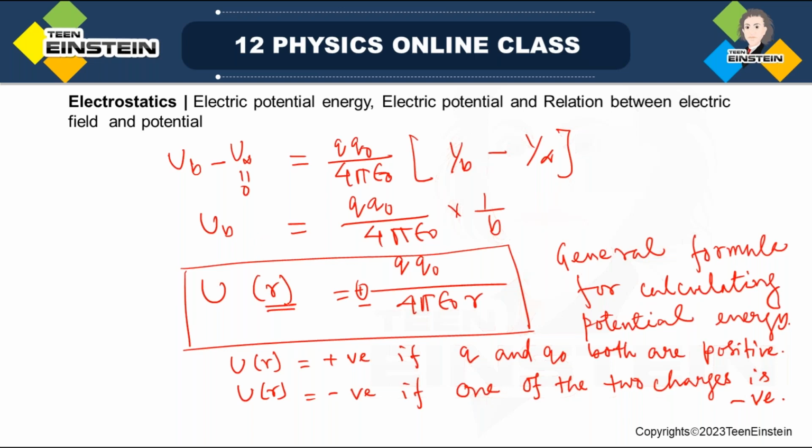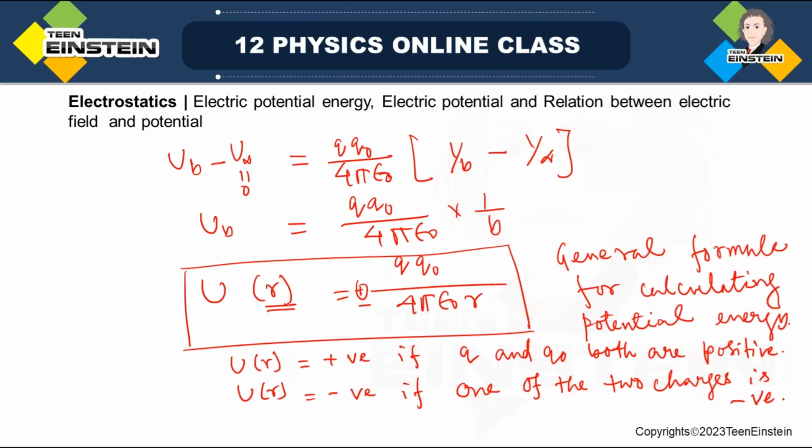So we emphasize that the potential energy U given by this expression is conservative. This is actually an interaction between the two charges. If the distance between the charges is changed, then the potential energy also will be changing.